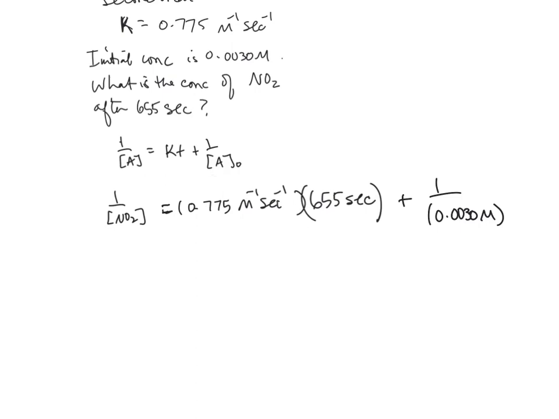All right, and then on the right-hand side, oh, I don't have the details of this. I just have the solution. So you can practice this on your own. The answer is 0.0012 molar, or 1.2 times 10 to the -3 molar.